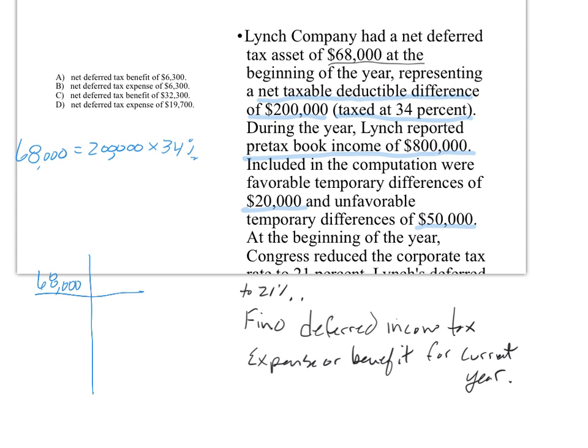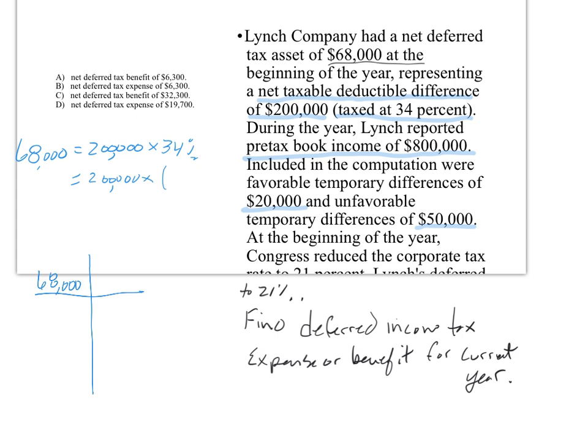Okay, now during the year we've got some things happening, but then also Congress reduces the corporate tax rate. So by reducing that corporate tax rate, we know automatically that this balance has to change. Okay, and what did they reduce that corporate tax rate by?